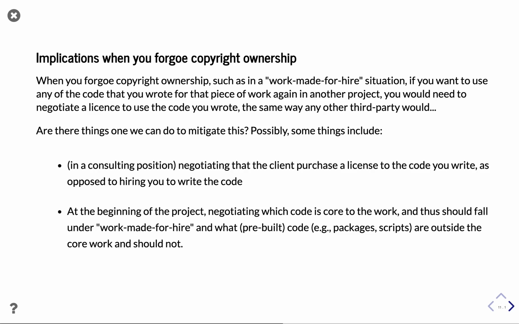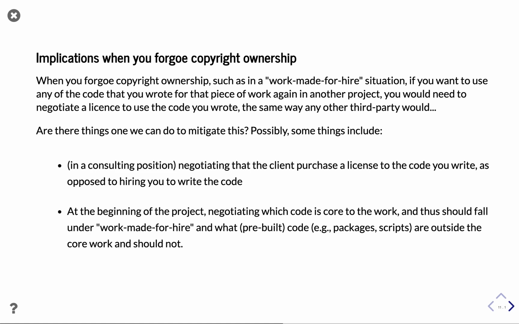The second is that at the beginning of a project, you should really think about what new code you will write for this project that will be core to this project, and what code that you've written previously or other people have written previously that you would perhaps like to use again and really isn't core to this project. There's a lot of code like this in any project.